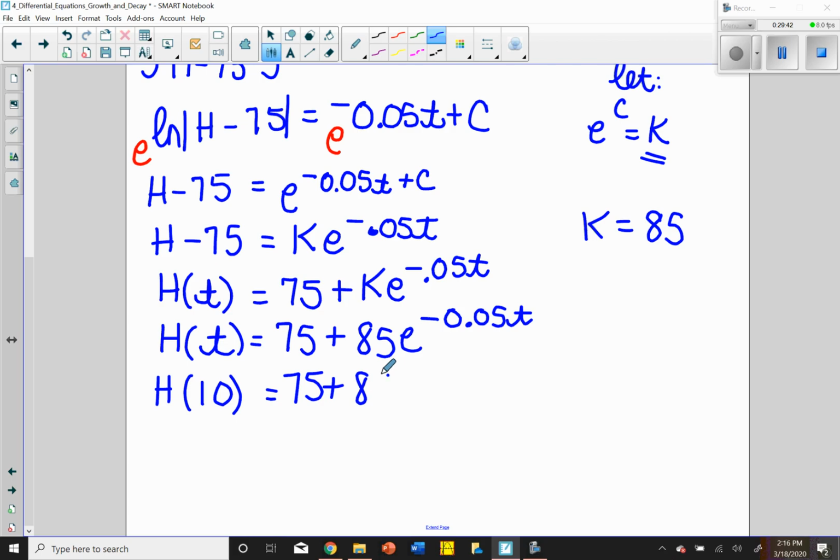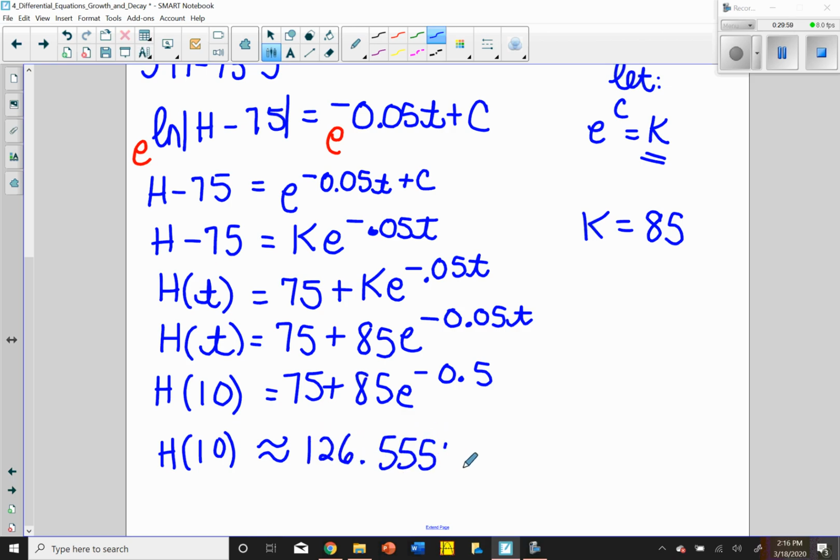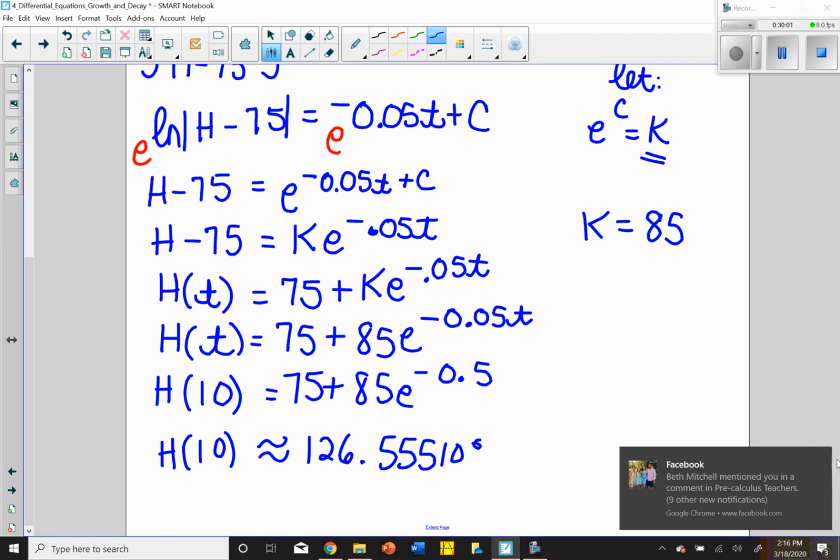So again, this is going to be a calculator question. 10 times 0.05, that's going to move the decimal over. And using our calculator, the hot chocolate 10 minutes later is 126.555 degrees Fahrenheit.